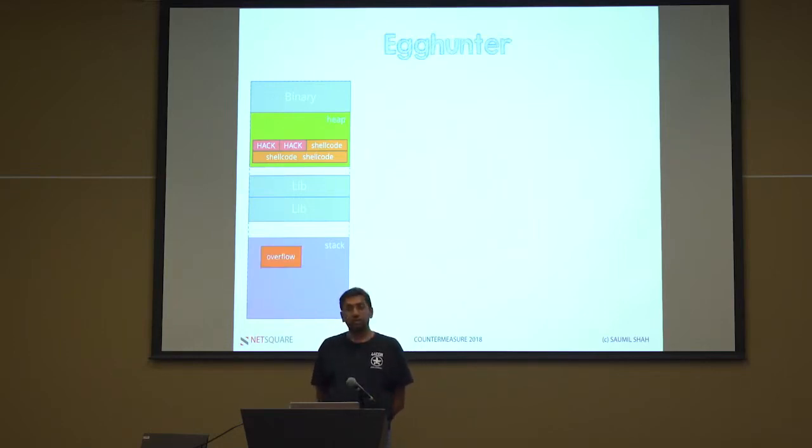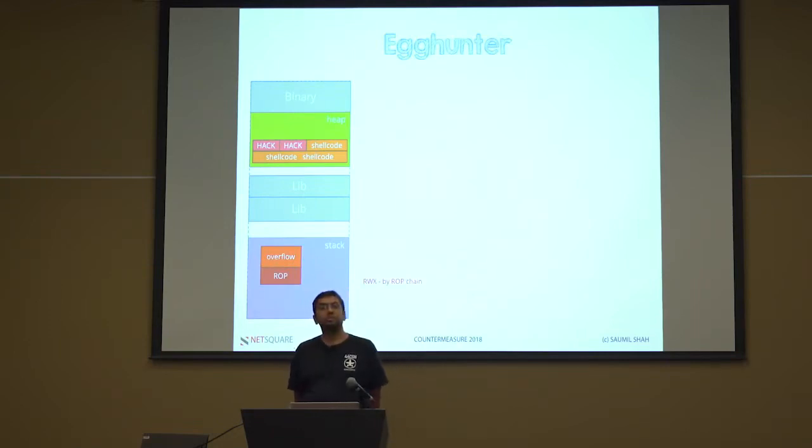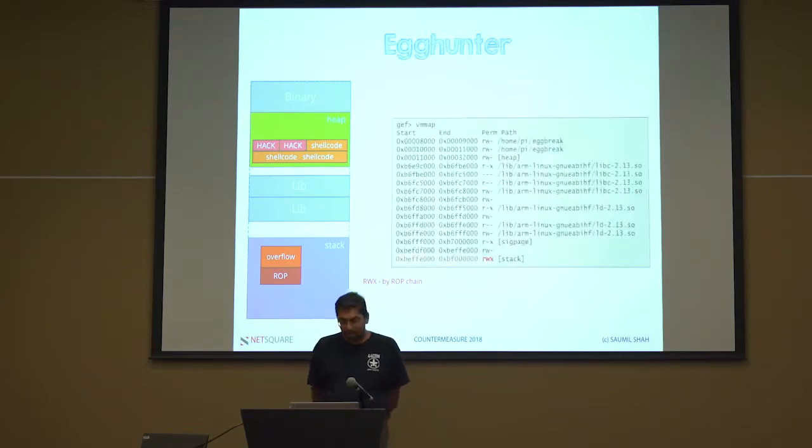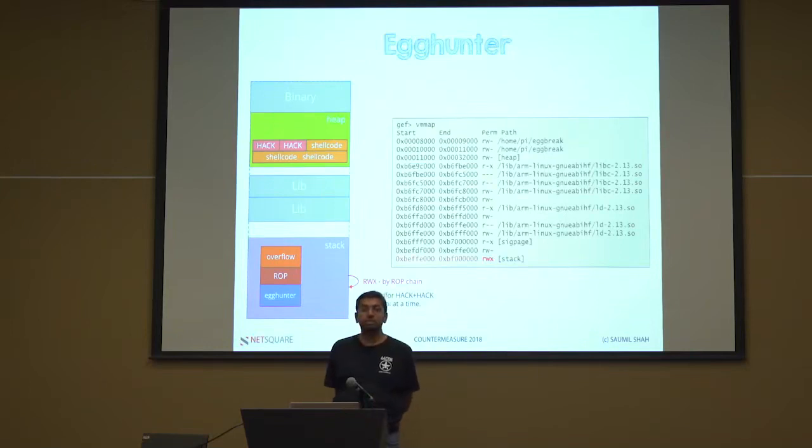Now, when you have your stack overflow, you stuff in your ROP chain. The ROP chain will turn the memory of the stack read, write, and execute. And then, after the ROP chain, you jump to the egg hunter shell code, which is what I'm going to present. The egg hunter is going to travel through the memory space, searching for this string hack, hack, 1 page at a time.